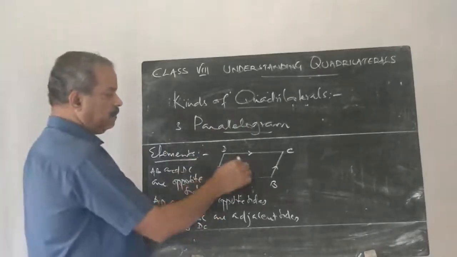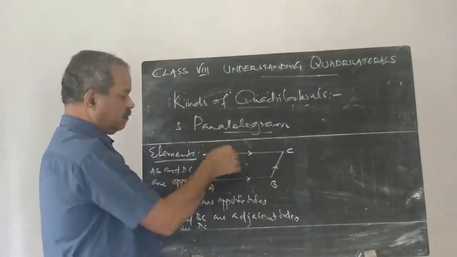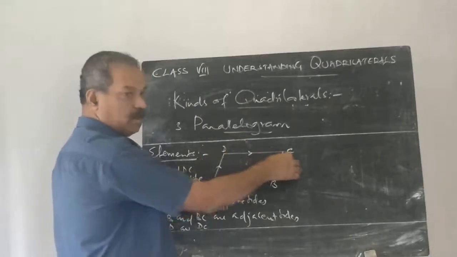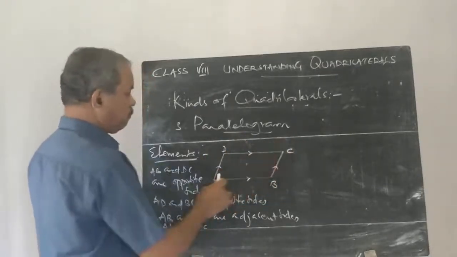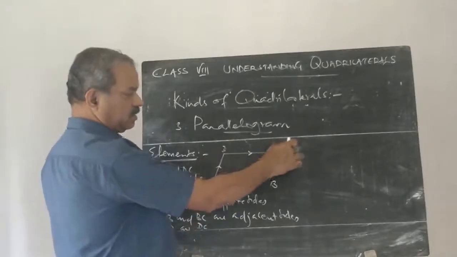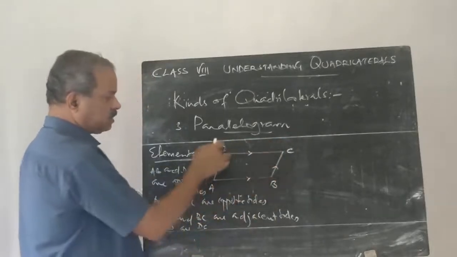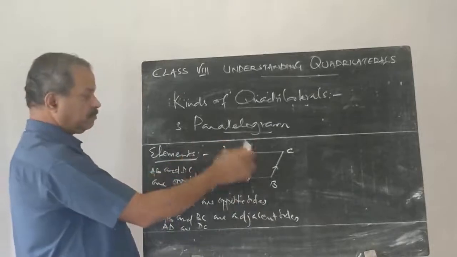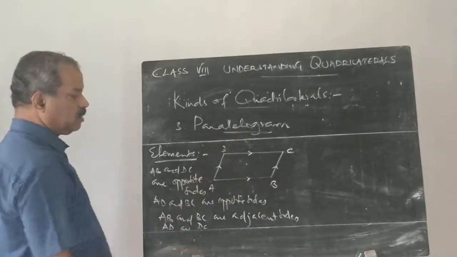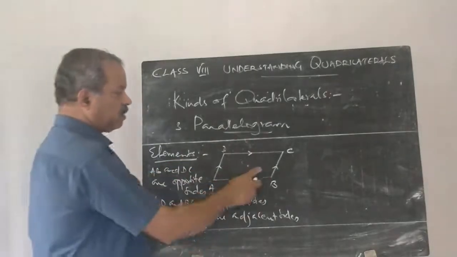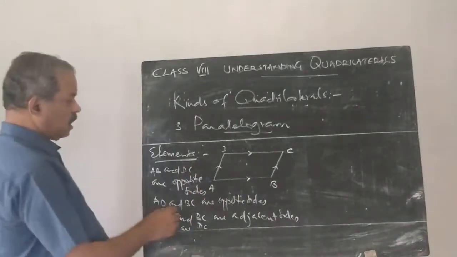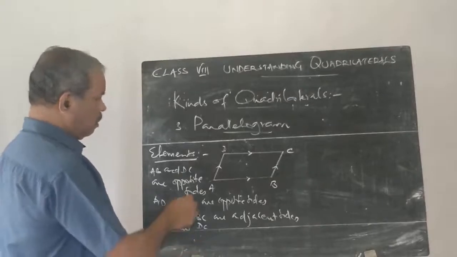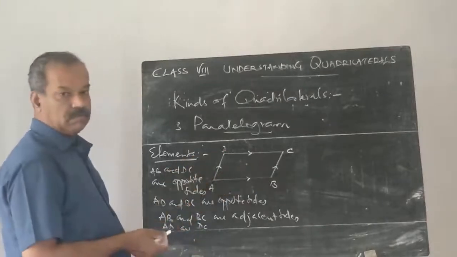So, AB and DC are opposite sides, AD and BC are opposite sides. AB and BC are adjacent sides, AD and DC are adjacent sides. BC and CD are also adjacent sides. AB and AD are also adjacent sides. 4 pairs of adjacent sides and 2 pairs of opposite sides. These are the elements of a parallelogram.